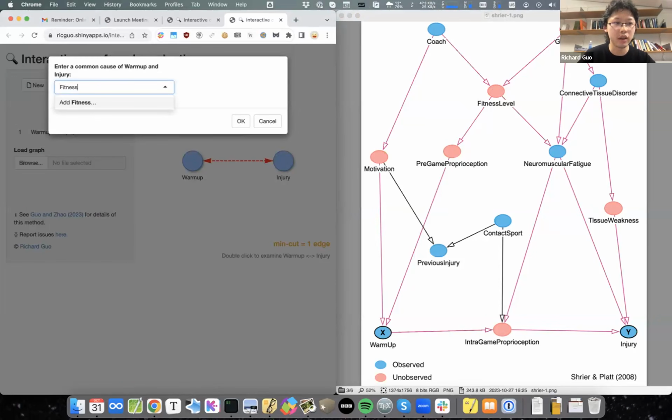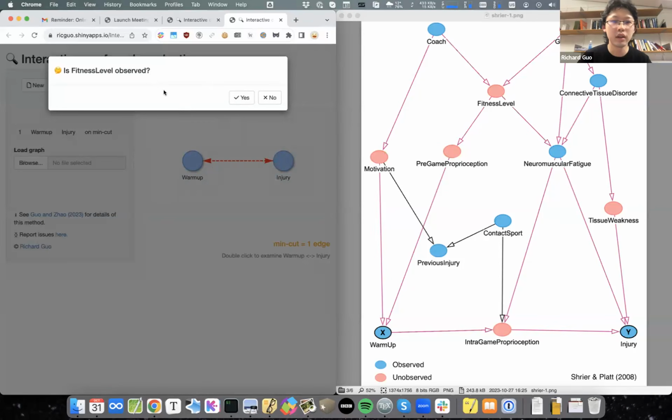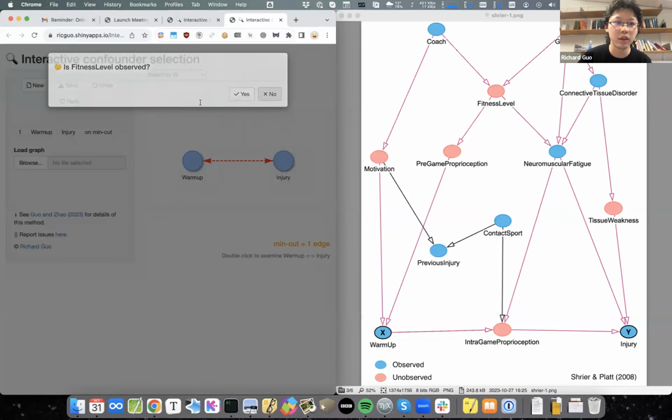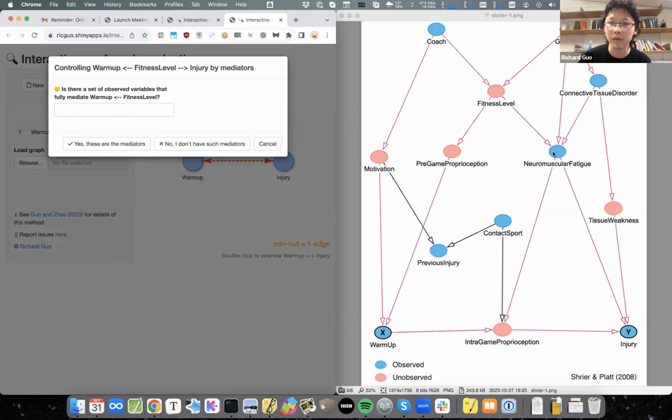Let's say I enter fitness level. Fitness level observed? No. Remember, only blue vertices are observed. So now it starts to ask me about mediators. Is there a set of observed variables that fully mediate the effect of fitness level on warm-up, where fitness level could affect warm-up through this unobserved variable?